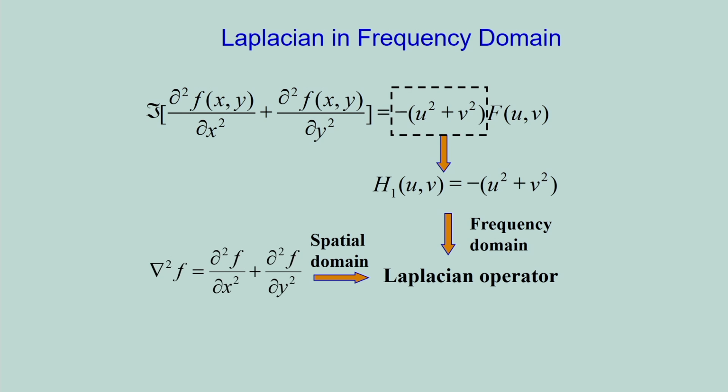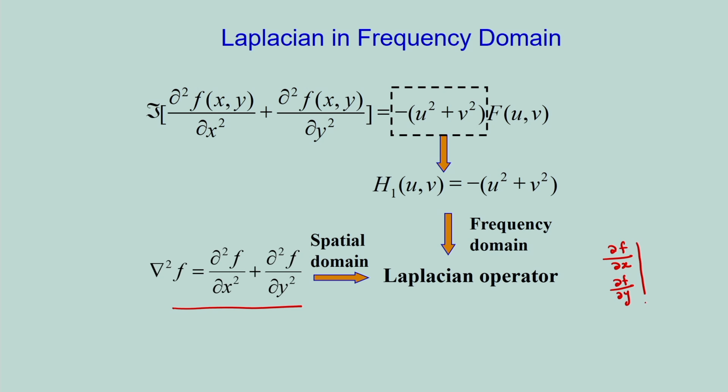The next one is the Laplacian in frequency domain. This Laplacian I will explain when I will discuss the concept of the edge detection. So Laplacian in spatial domain is represented like this, that is the second order derivative, f is the image. So the first order derivative is del f divided by del x, that is the gradient of the image along the x direction and gradient along the y direction.